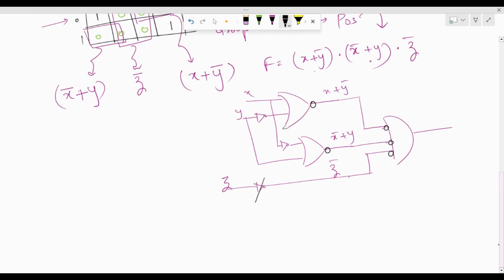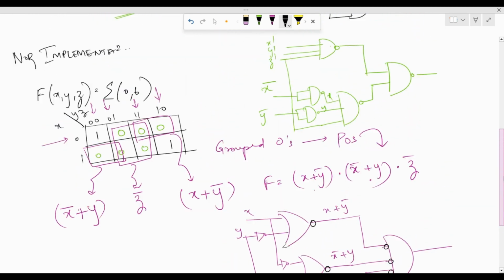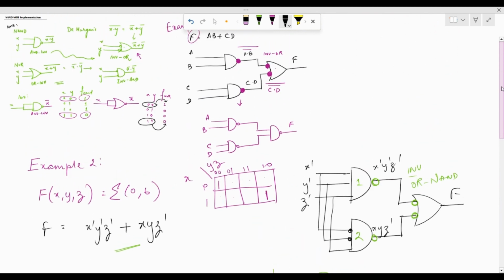So what comes in right now is not going to be Z. It's coming in as Z, but entering the gate as Z bar. So now here I have invert AND. So let's go up and check what invert AND is. So here if you see, invert AND is nothing but NOR.